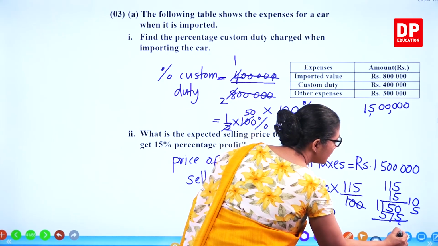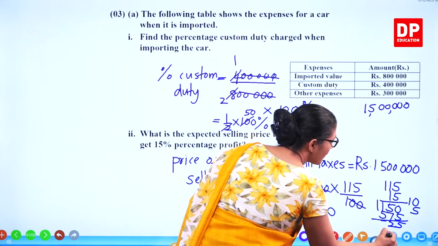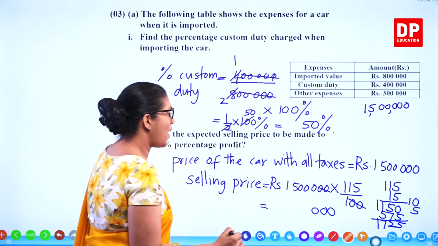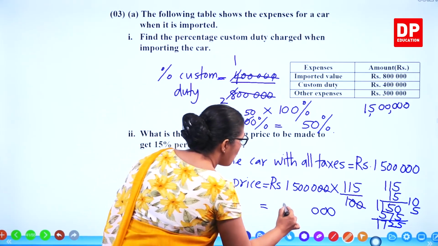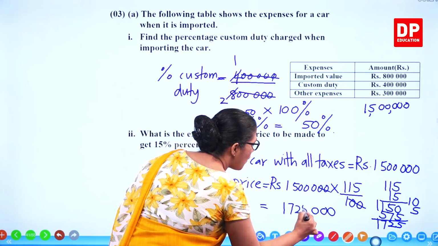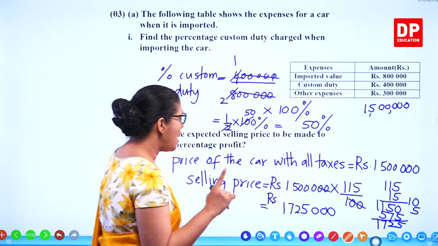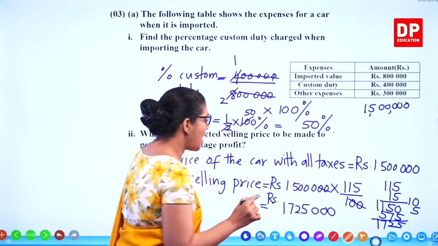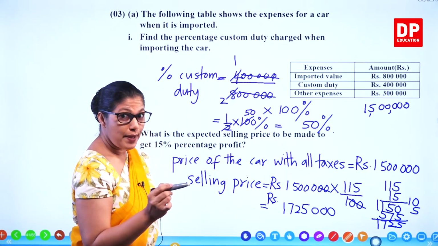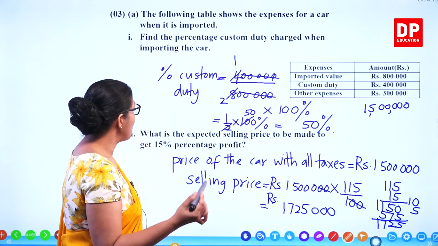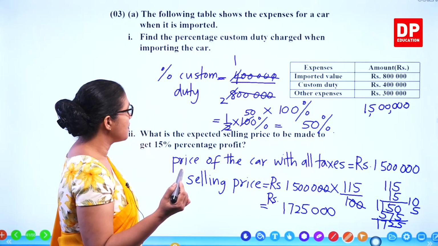So what's the total? 1725. So that means the selling price should be 1,725,000 rupees if you want 15% profit.